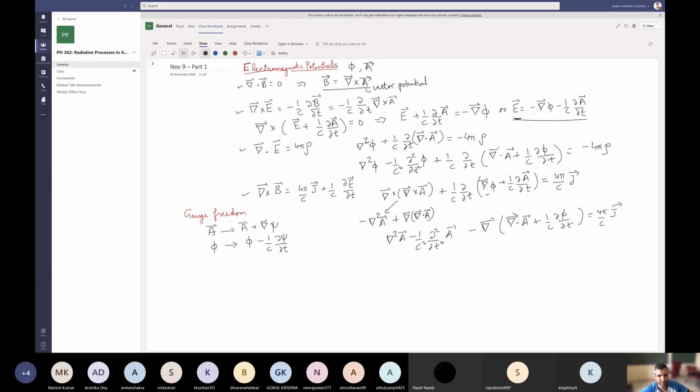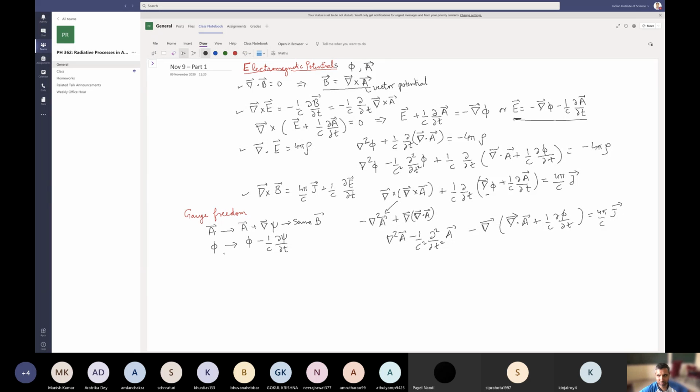then if we have A as this, the magnetic field is just del cross A, and del cross grad of psi gives you 0. So this gives the same B, even though your A is changed like this.